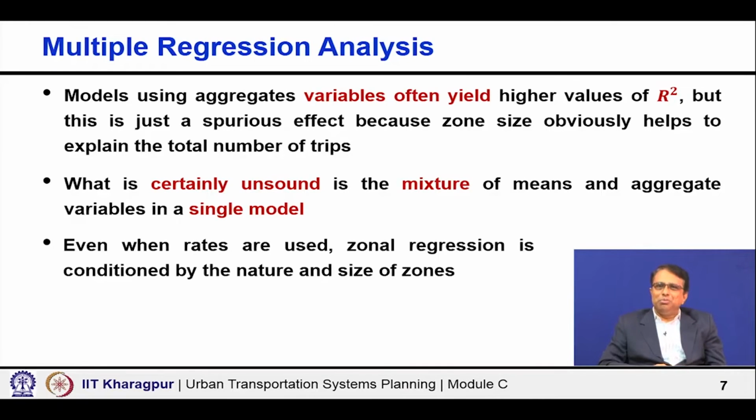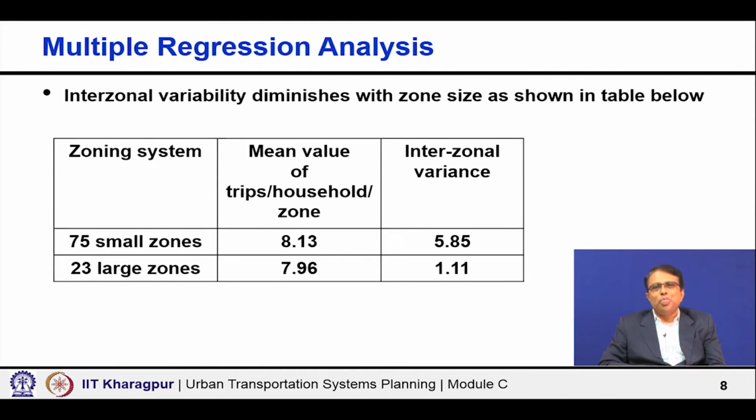When you use a multiplier 1 by h I, you are largely trying to make the model independent of zone boundary, because you are using the rate. That is definitely true, but even then zonal regression is still conditioned by the nature and size of the zone. Why are we saying this? Look at this example in the next slide.